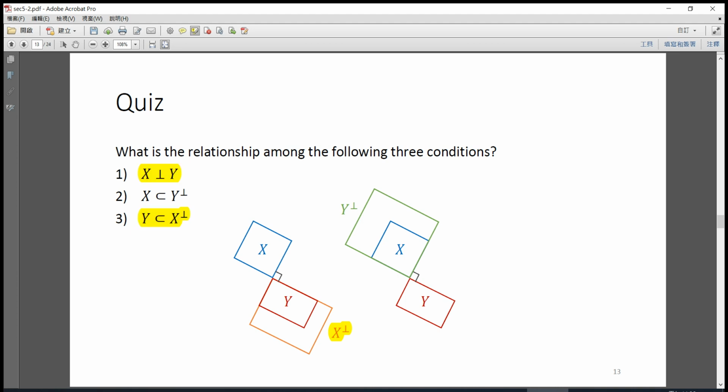If X and Y are orthogonal subspaces, then Y is a subset of X perp, because X perp is the set of all vectors that are orthogonal to every vector in X.